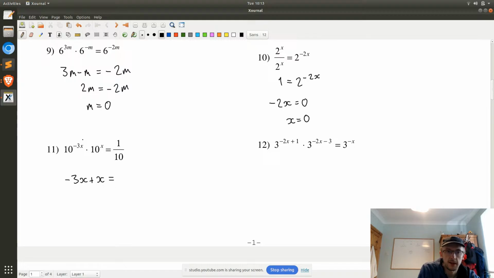Negative 3x plus x, just adding them, that'd be 10 to the negative 1. So negative 2x is negative 1. So x must be a half. Adding these together, they're equal.